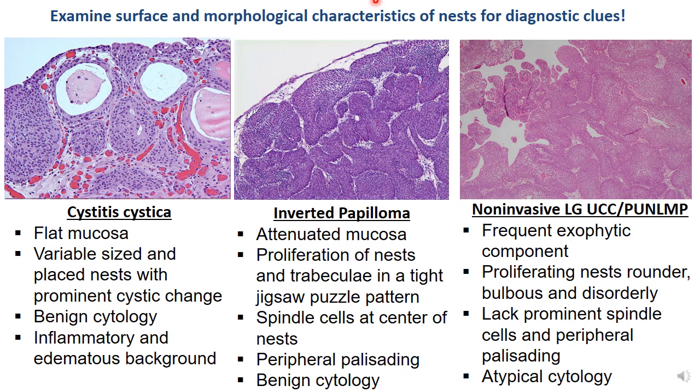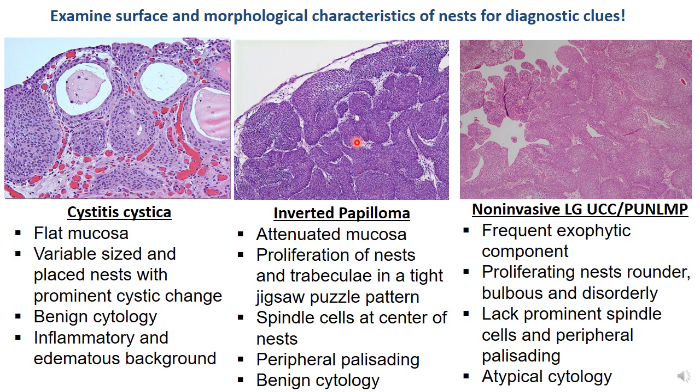Inverted papilloma typically has an attenuated mucosa on the surface. So the process is typically very endophytic. It is characterized by proliferation of nests and trabeculae, which are seen in a tight jigsaw puzzle pattern. That's very important. It almost fits like pieces of a puzzle with very limited space in between. So they are very orderly, very tight and compact.